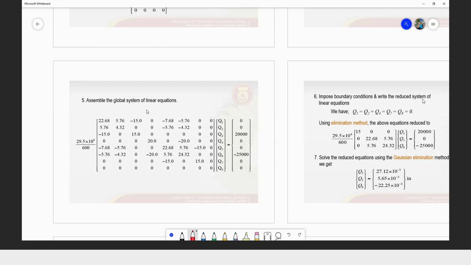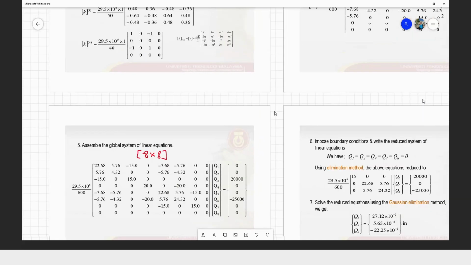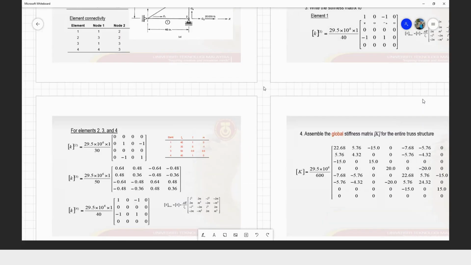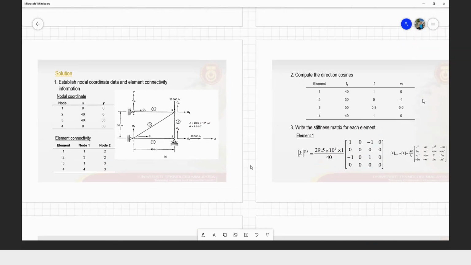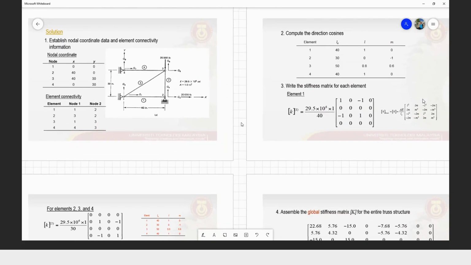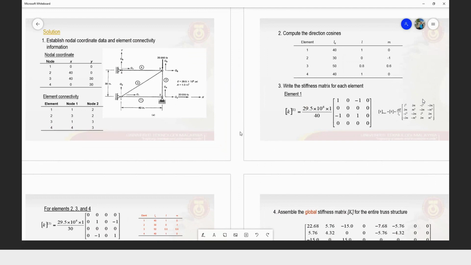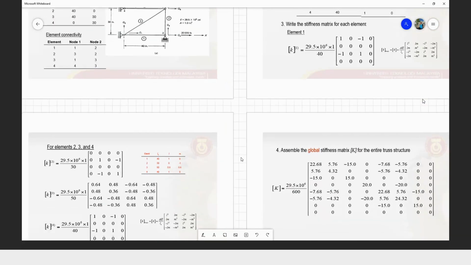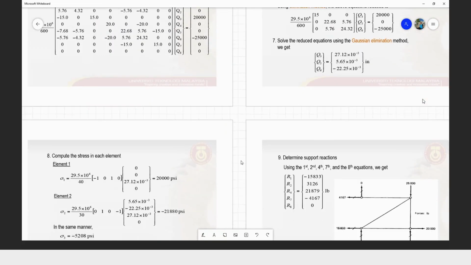I don't think you need to write all this 8 by 8 in your test or exam. But for the first round, for you to learn before we meet again next week, look at this document first, at how we treat this problem until we get its final answer.